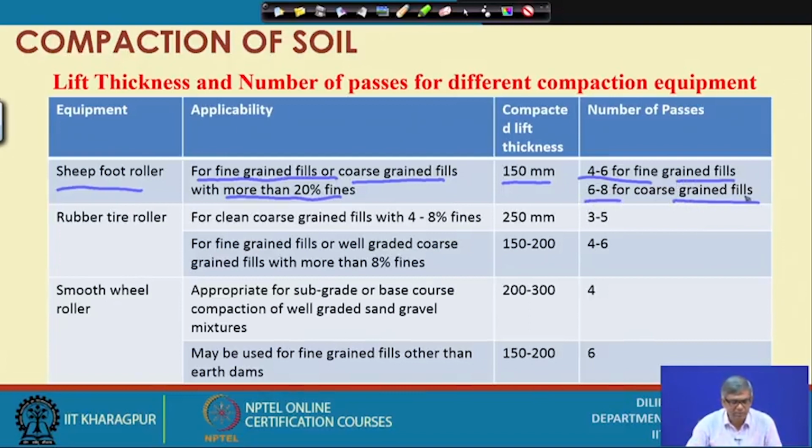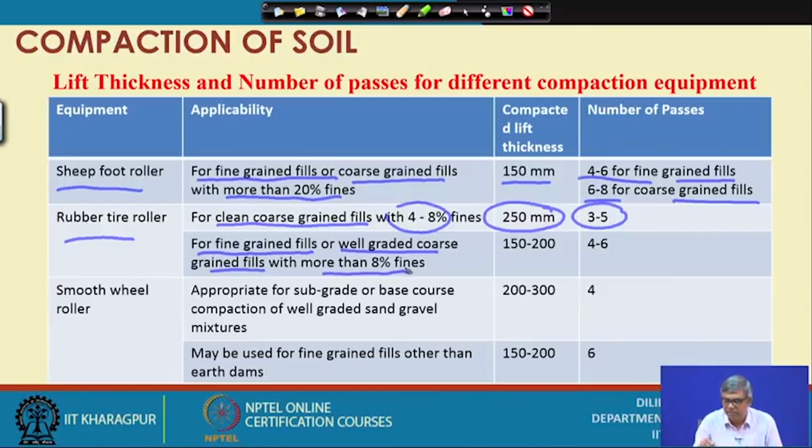Similarly, for the rubber tire roller, on clean coarse-grained soils with 4 to 5% fines, we can use a 250 millimeter lift thickness, around 10 inches, with 3 to 5 passes. If the rubber tire roller is used for fine-grained soils or well-graded coarse-grained soils with 8% fines, we can vary the lift thickness between 150 to 200 millimeter, with 4 to 6 passes.